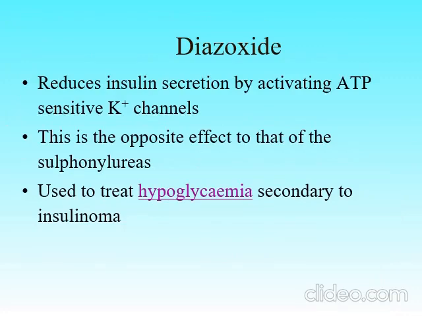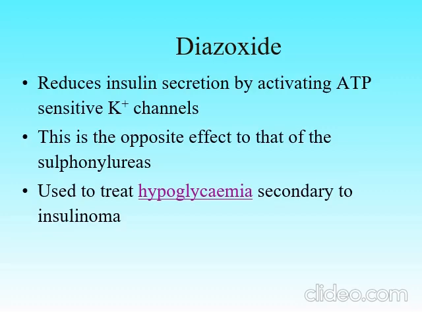One of the famous drugs which can decrease insulin secretion is diazoxide. Diazoxide is an arterial dilator and used mainly to decrease hypertension by arterial vasodilatation.